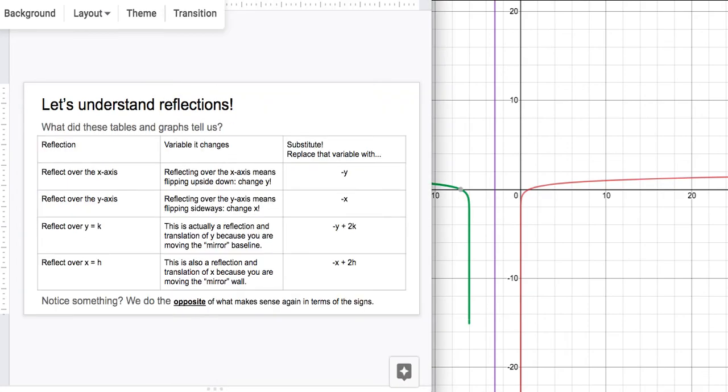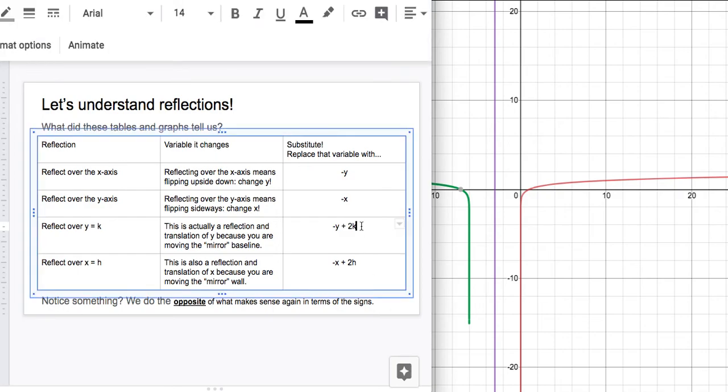Let's go back. So when I do regular reflections, I'm just changing y and x to their negatives. When I want to reflect over a line, it seems like all of a sudden it's gone back to being what makes sense. The reason why is to think about factoring. If I were doing this by factoring, here is that shift.